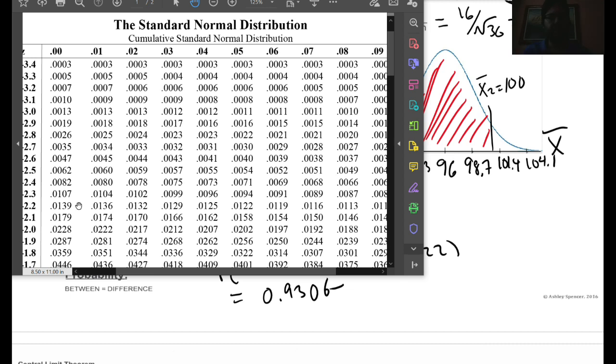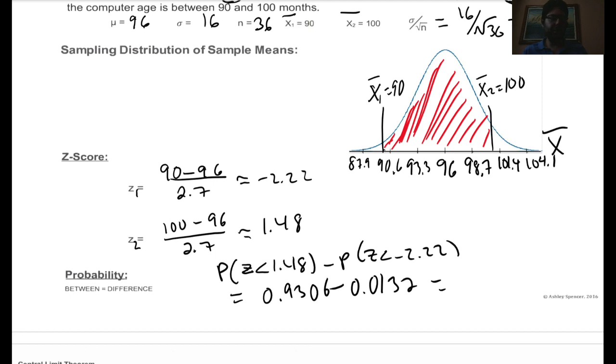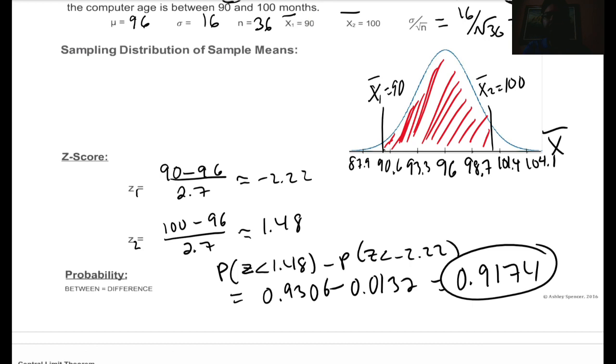All right, negative 2.22 is 0.0132. All right, we're going to go ahead and subtract those and get our final answer. We get 0.9174.